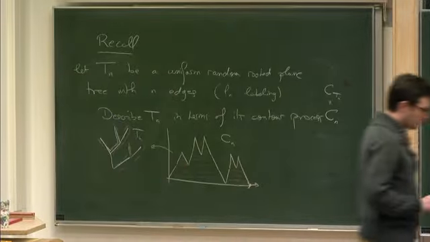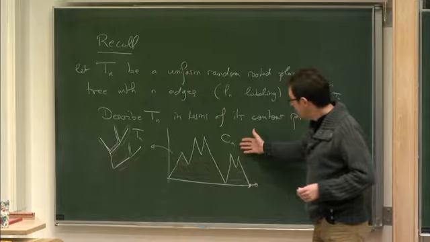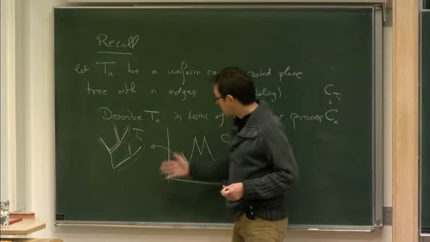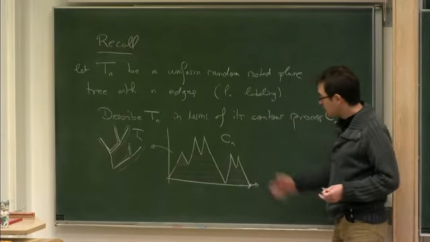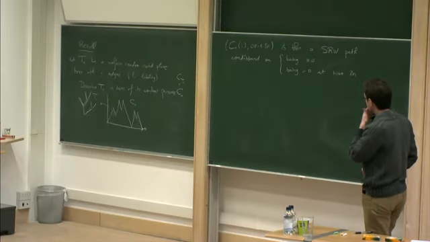I don't think it's necessary to be too formal here, but starting with any such path, you can obtain a tree. And so if you take a tree uniformly at random, it means that you have chosen uniformly at random such a path, and so it has to be a simple random walk path conditioned on these two properties.